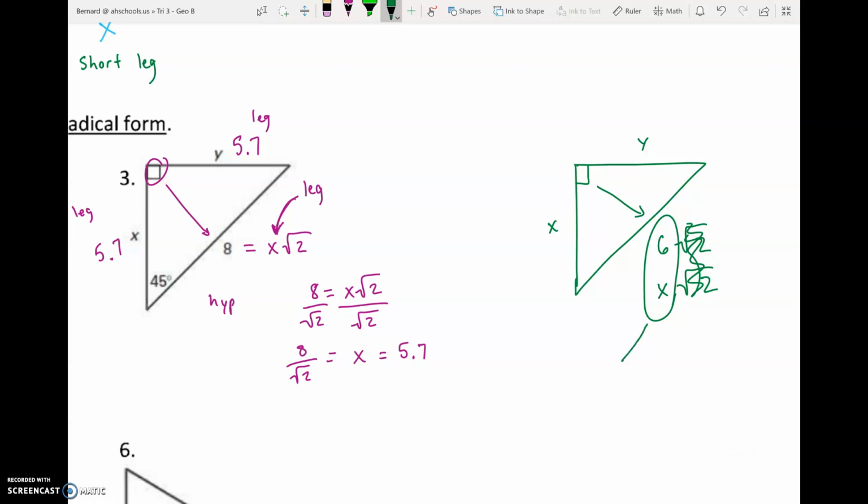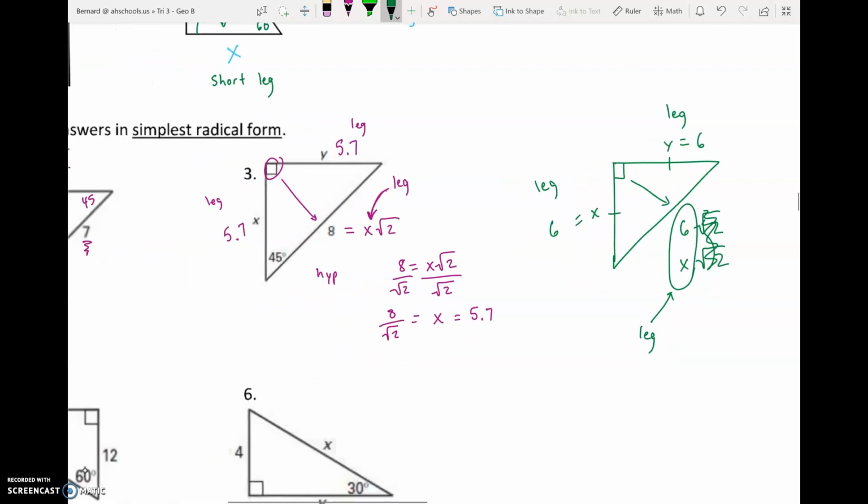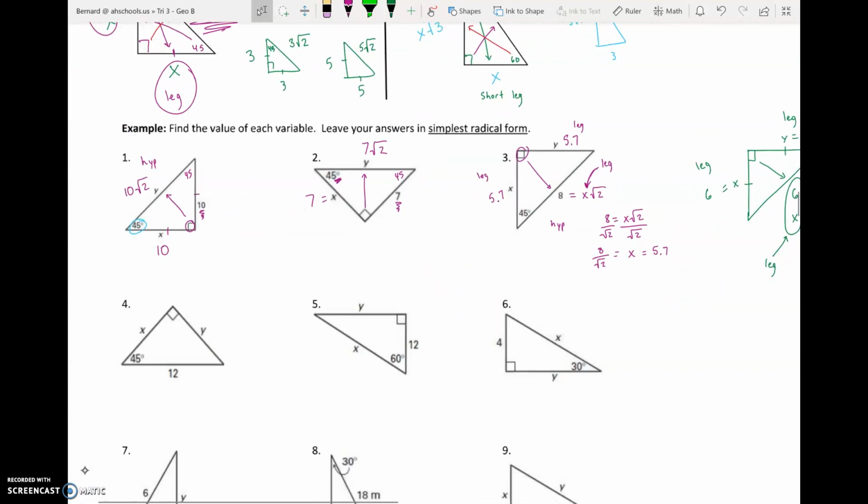And remember, our x stands for a leg in a 45, 45, 90, and that's what x and y both are here. And so x would be 6 in this example, and y would be 6 as well. And so I just want to make you aware of that. Sometimes you'll see the hypotenuse with the square root of 2 attached. So then your other legs are simply just the number that was in front.